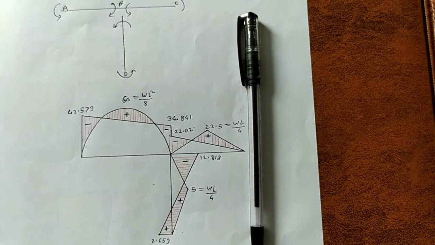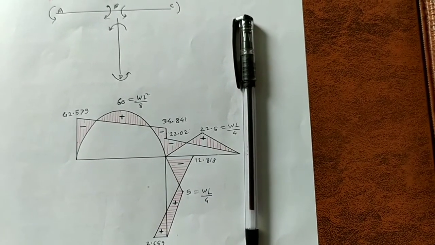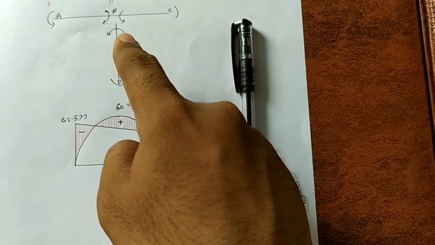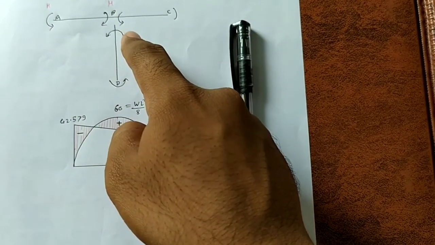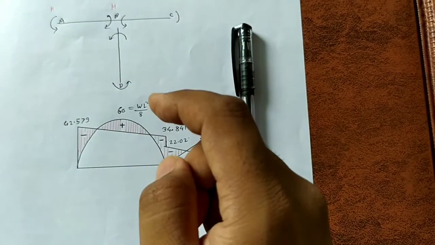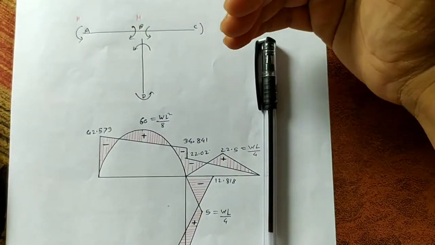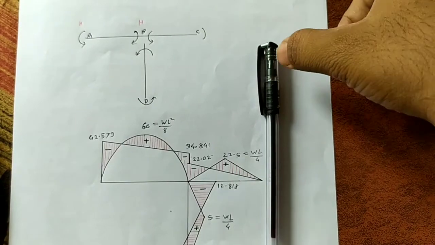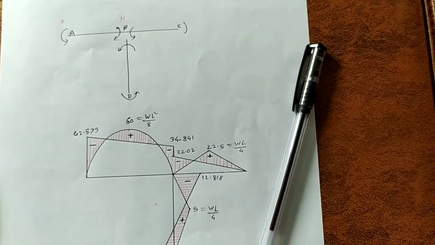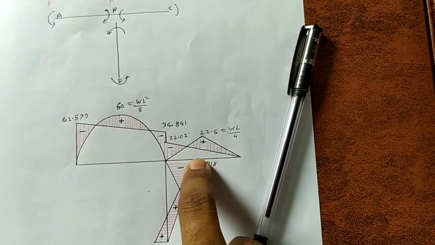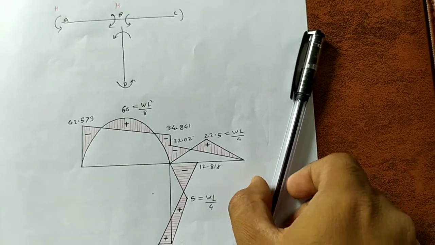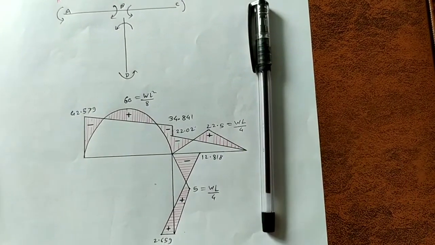To draw the BMD for a column, you can use this trick. Here MBD is going in an anti-clockwise direction, so this is the moment, and it is pushing on this side anti-clockwise, so it will move like this. That's why I've drawn the diagram on this side. Next, again put this straight.